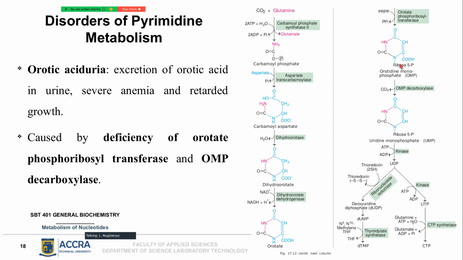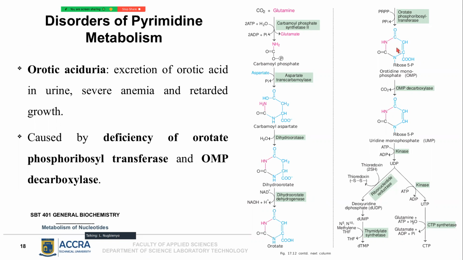And you see the enzyme which is responsible for that conjugation of orotic acid to the ribose 5-phosphate here, this orotate phosphoribosyltransferase. This enzyme, its deficiency will mean that there will be increased levels of orotic acid, because orotic acid will not be able to be converted to orotidine monophosphate to go down the reaction path, and so it will start accumulating in the system.